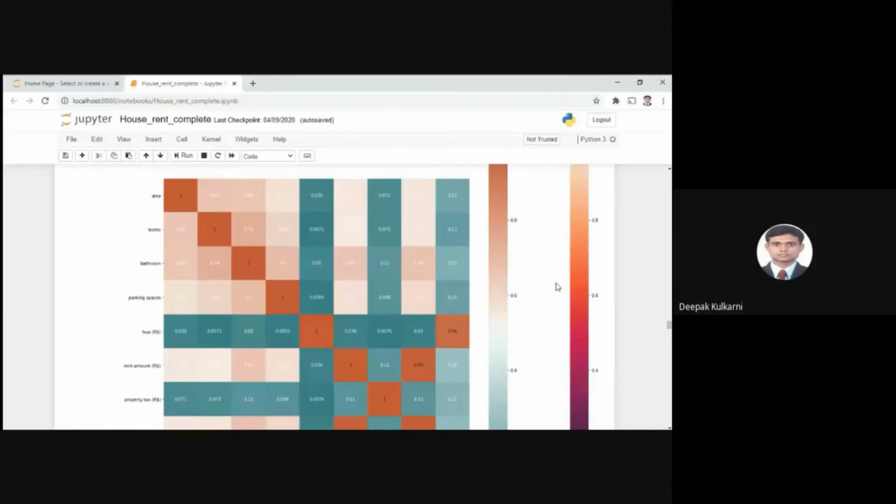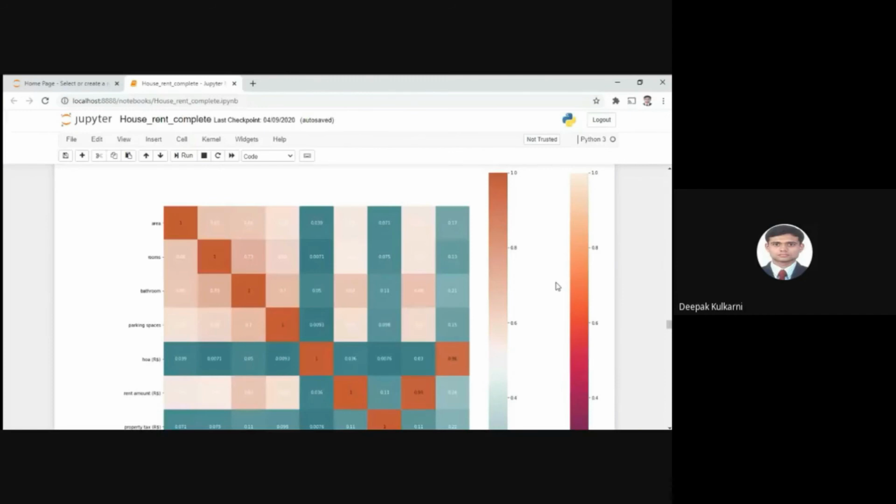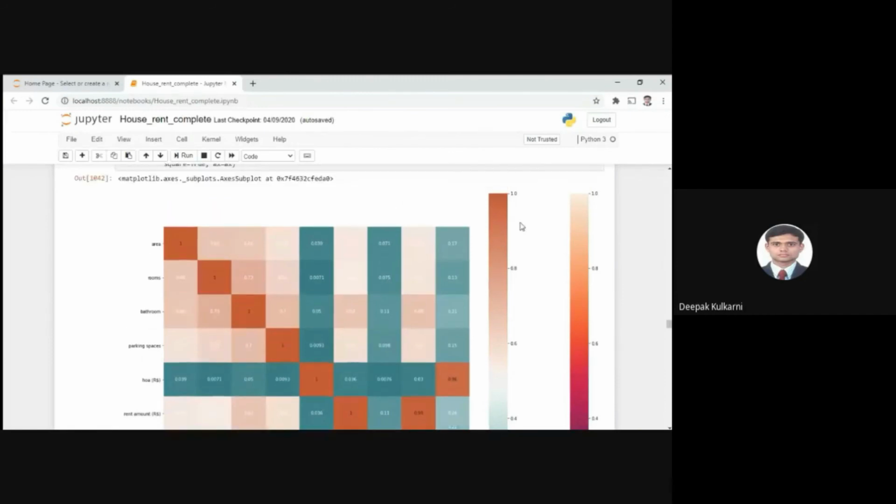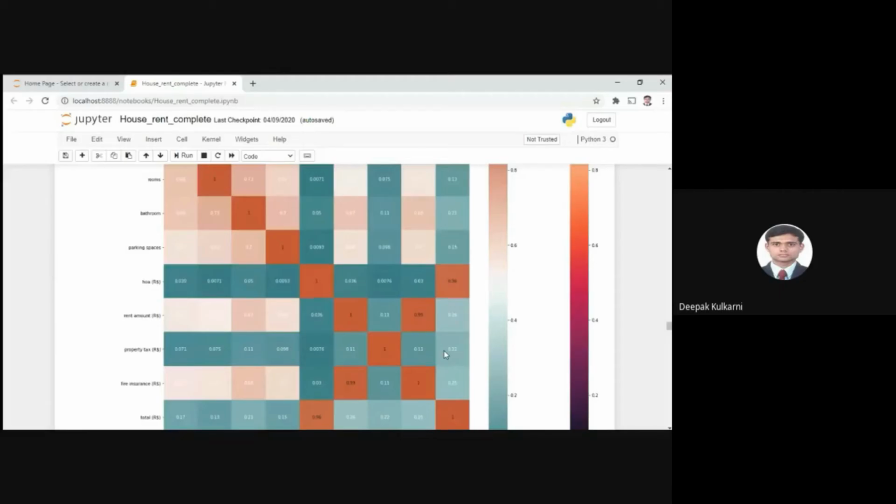So what is that map showing? 1 represents highly positively correlated, and -1 highly negatively correlated. So whichever variables have values which are near to 1, those variables we need to skip. Okay. So fire insurance, if you look at this, where is the fire insurance? Check it out.